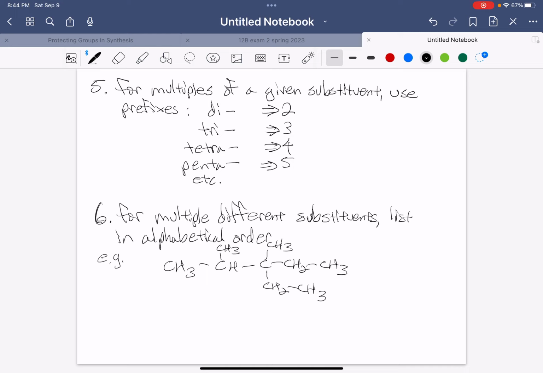Okay, so I want to figure out my longest continuous chain, and it happens to be just straight like that.